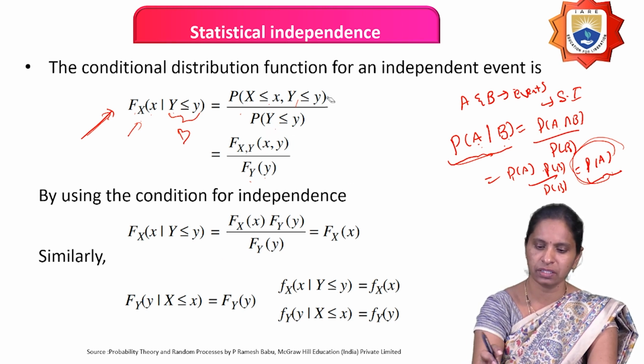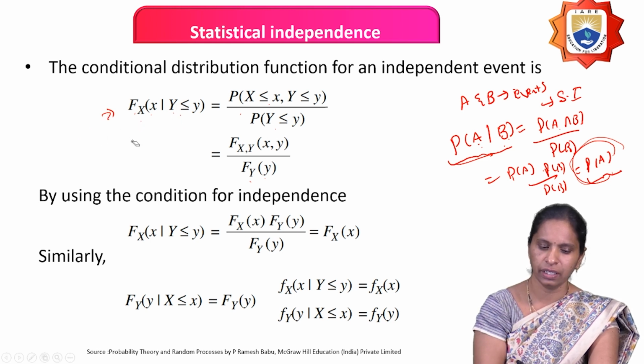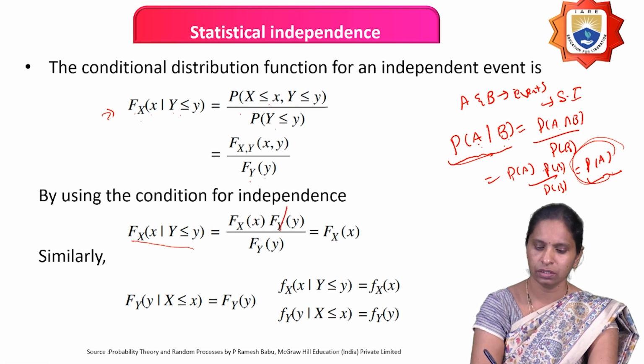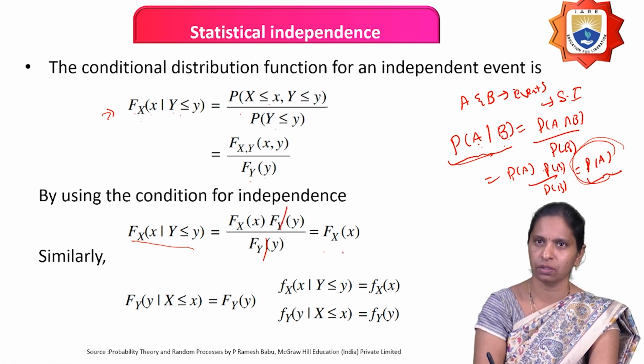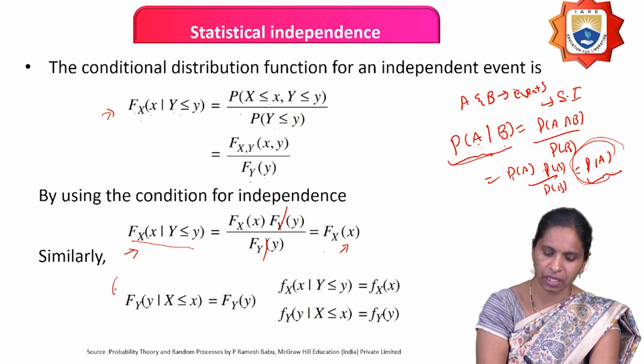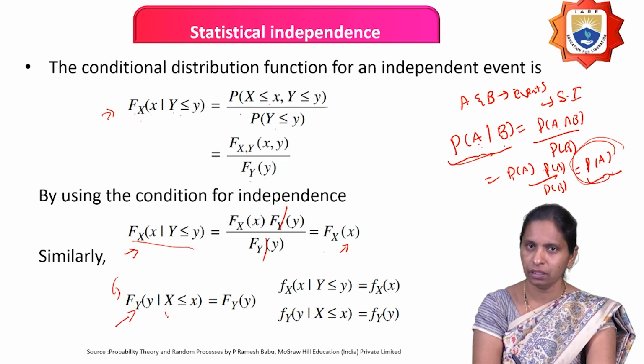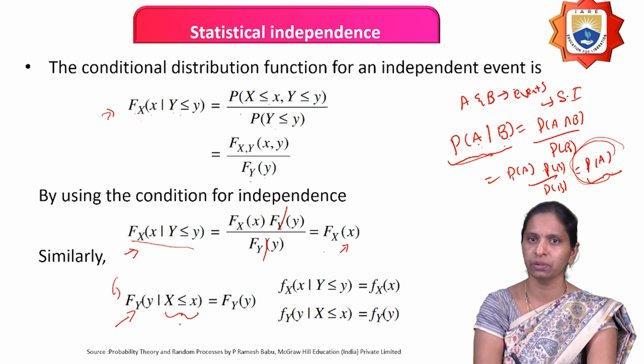So, by simplifying this, we can obtain the conditional distribution function Fx of x by y less than or equal to y equals what? This will get cancelled, then we get Fx of x. It means the conditional distribution function is equal to the marginal distribution function of the random variable x itself. In a similar manner, if I want the conditional distribution function of the random variable y, given the conditioning event defined on the random variable x, then what is Fy of y by x less than or equal to x?